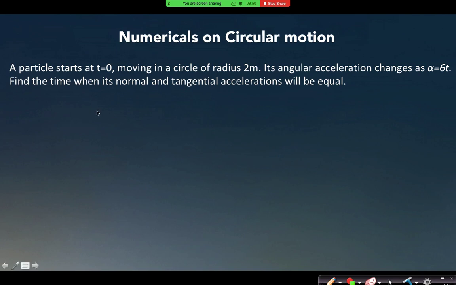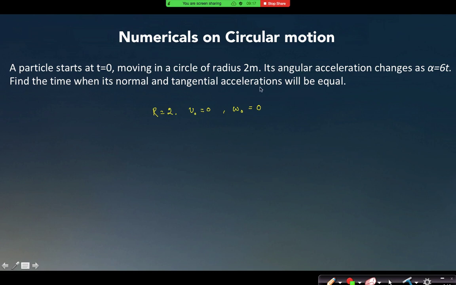Alright, so it talks about a particle which moves in a circular path of radius 2 meter, and it starts at t equal to 0. Starts means what is the initial velocity of the particle? That is 0. Initial velocity is 0, or I can say that omega naught, the initial angular velocity, is also 0. Yes or no?